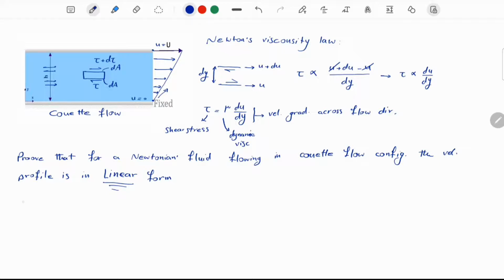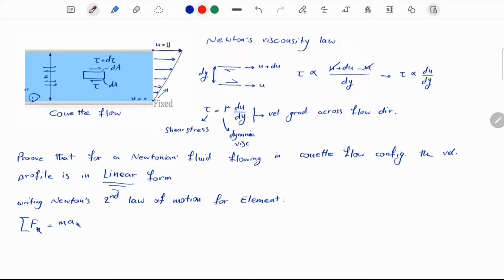Now, writing Newton's second law of motion for the element. So sum of forces in x direction, this is our x direction, equals mass of our element multiplied by acceleration of element in x direction.